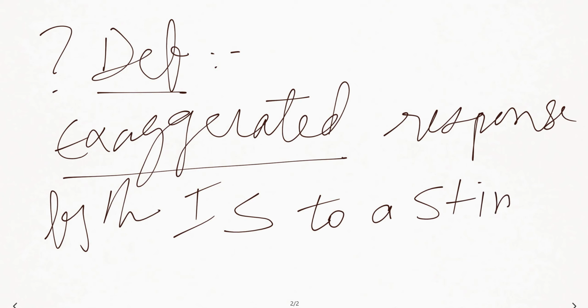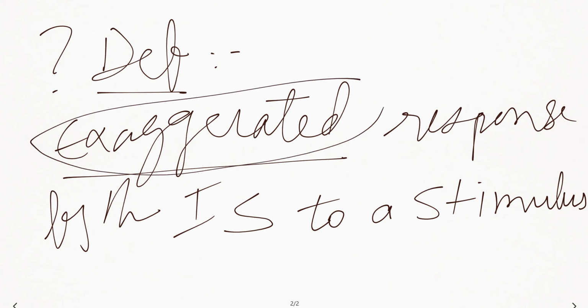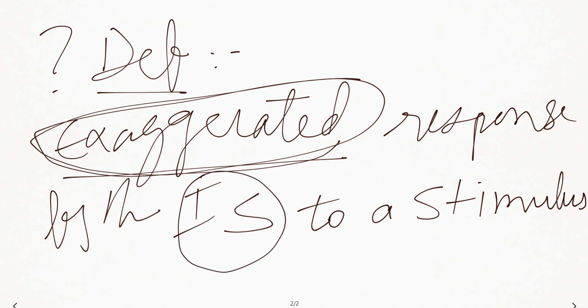So this is the definition in simple words. The most important point is that the immune system has a response all the time, but it's an exaggerated response of the immune system to a particular stimulus. This is the first part.